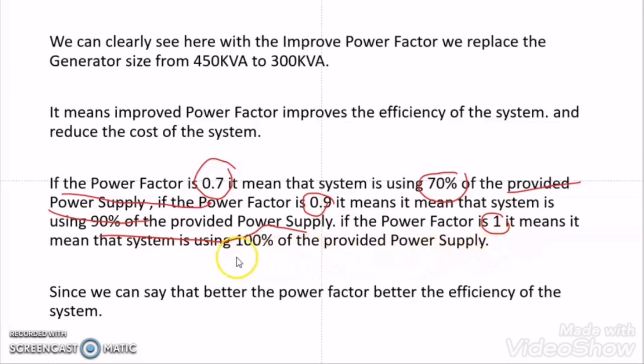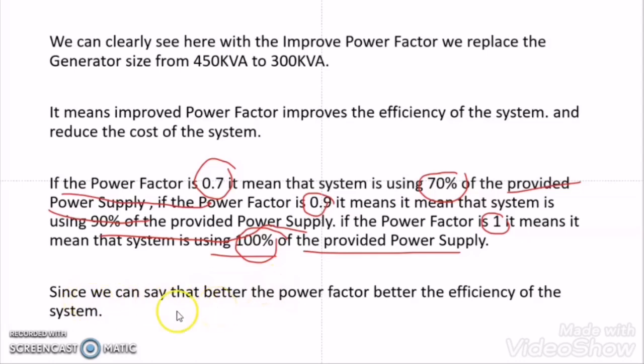our electrical installation is 100% efficient, or we can say in other words that 100% of the power supply is used in the electrical installation for the work and nothing is going to waste.